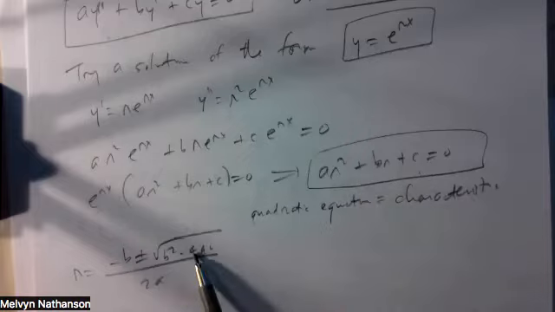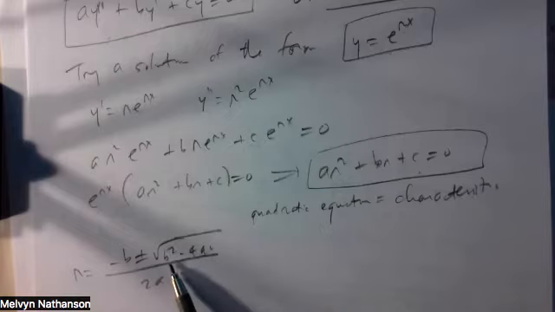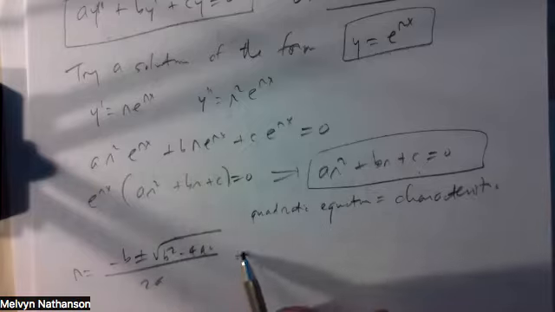But we know how to solve a quadratic equation. r is equal to minus b plus or minus the square root of b squared minus 4ac, over 2a. And that's always the solution of this equation. It might be complex, it might be real. And depending on this discriminant, b squared minus 4ac, you really have 3 different cases.